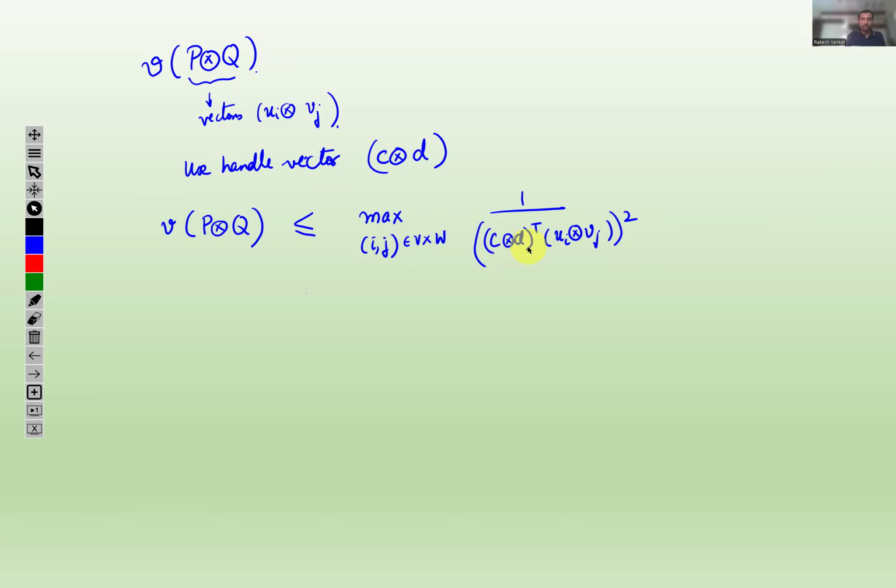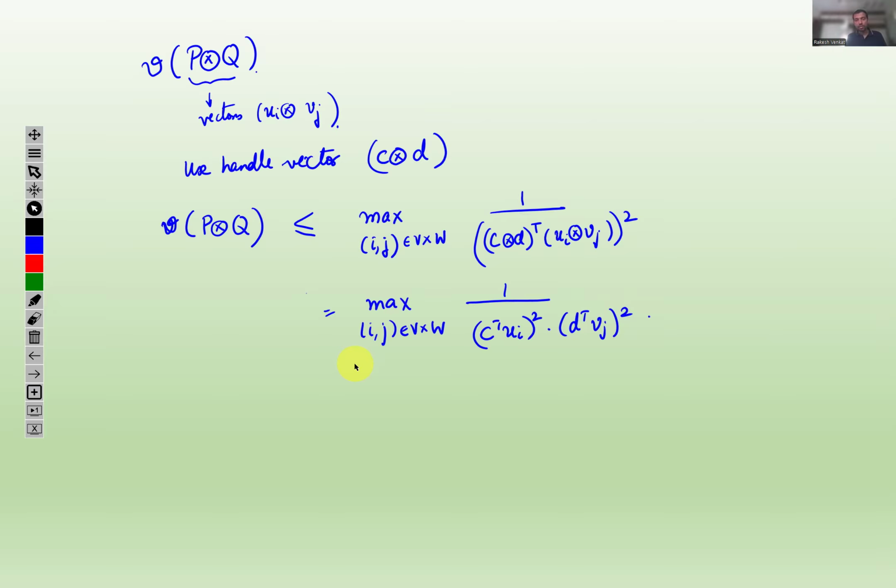It has norm 1. I'm just using that and upper bounding, because you had a minimization over all possible handle vectors in the theta function of this orthonormal representation. And here's a candidate handle vector, so the theta function should only be lower. And this actually is equal to (c transpose u_i) squared times (d transpose v_j) squared.